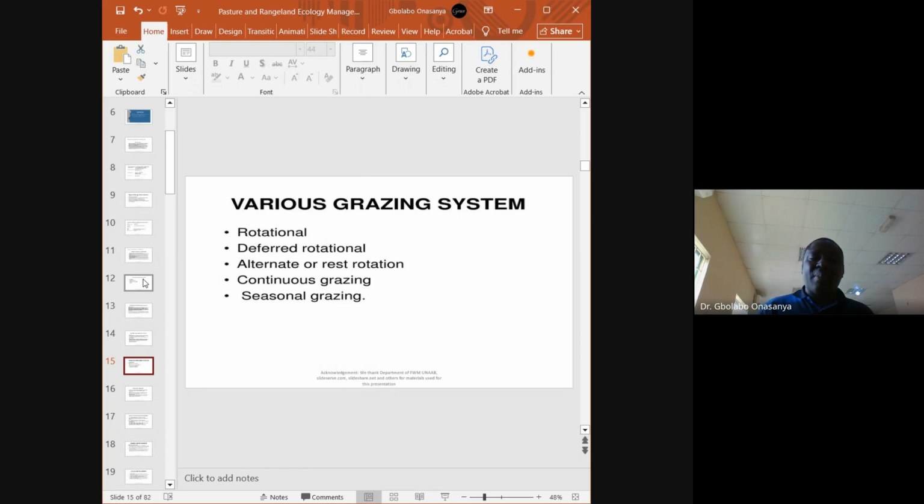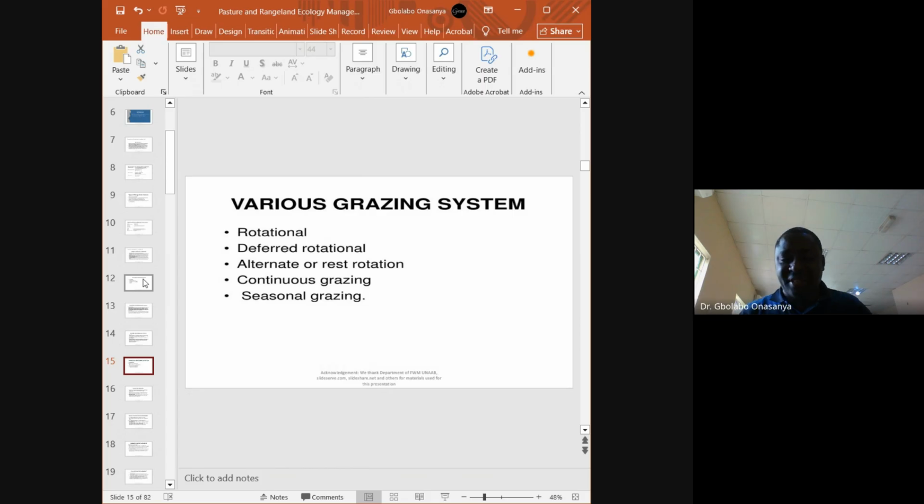So yesterday I spoke about various types of grazing systems that we can practice in our rangeland and in our pasture land. Rotational grazing. We have intensive rotational grazing, where we involve moving from paddock to paddock. We have strip grazing inside rotational grazing.